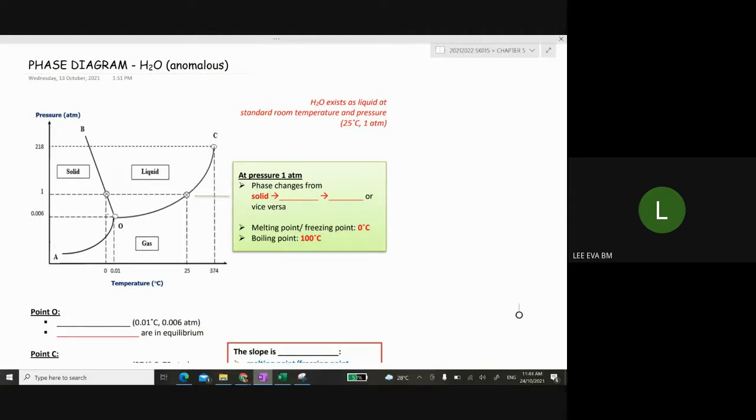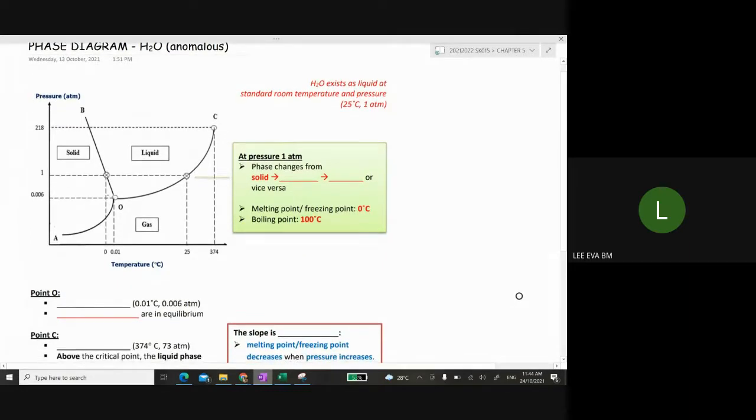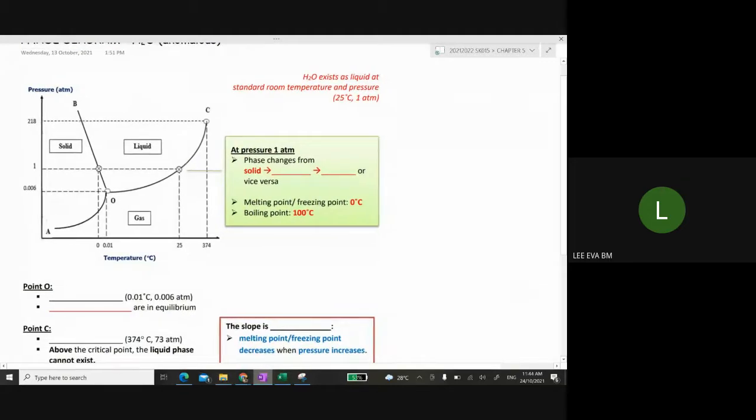So for H2O, you refer to it as an anomalous case, a special case. If you refer to this phase diagram, there's one correction for you. Please change the temperature over here. It's not 25. This one refers to 100 degrees Celsius.